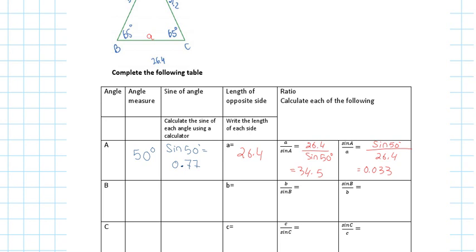So let's move to angle B. What's the measure of angle B? 65. And if I do sine 65 on the calculator, what do I get? 0.91.